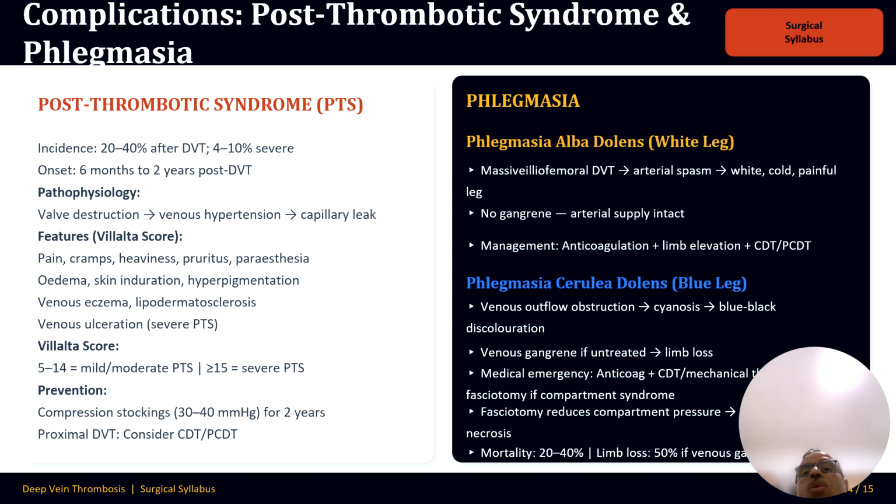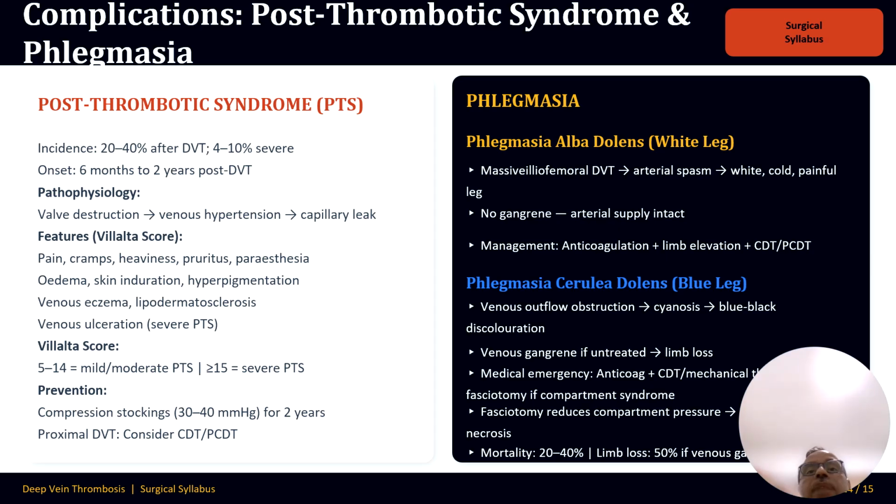So any white, cold, painful leg in a patient with massive iliofemoral deep vein thrombosis would be labeled as phlegmasia alba dolens, alba for white. Here there is no gangrene and arterial supply is intact. Management is generally with anticoagulation and limb elevation along with catheter-directed thrombolysis or combination with mechanical thrombolysis.